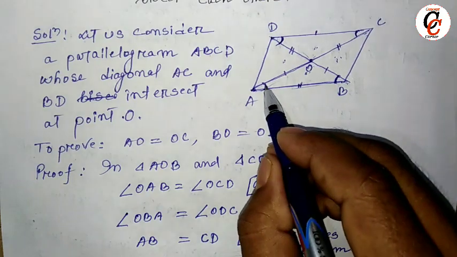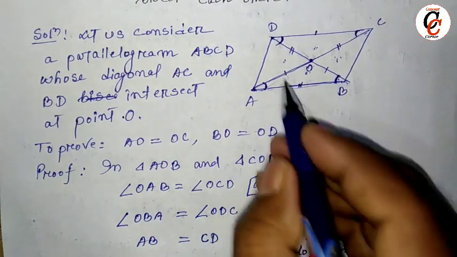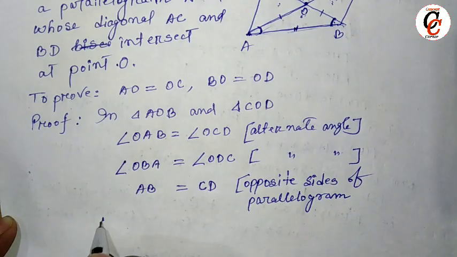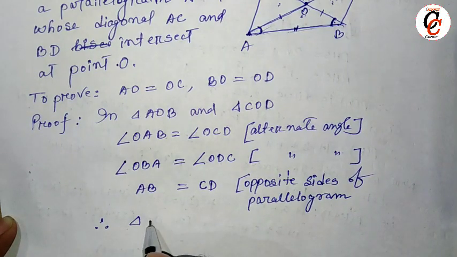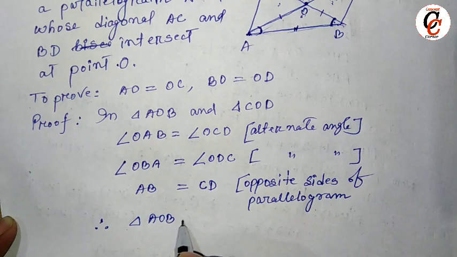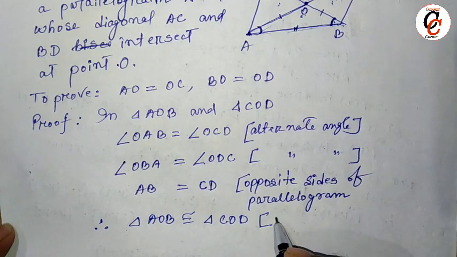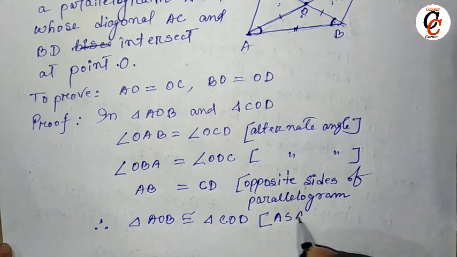So by angle side angle criteria, these two triangles are congruent. Therefore triangle AOB is congruent to triangle COD by angle side angle.